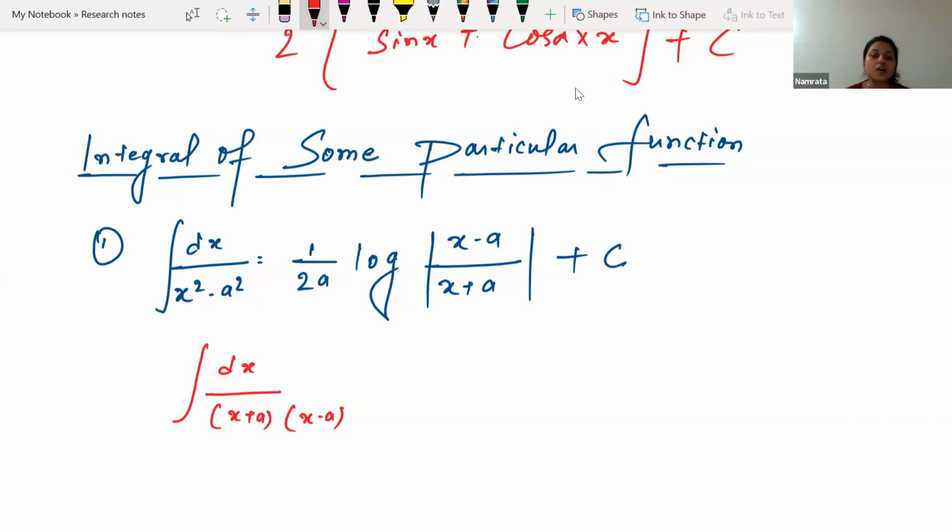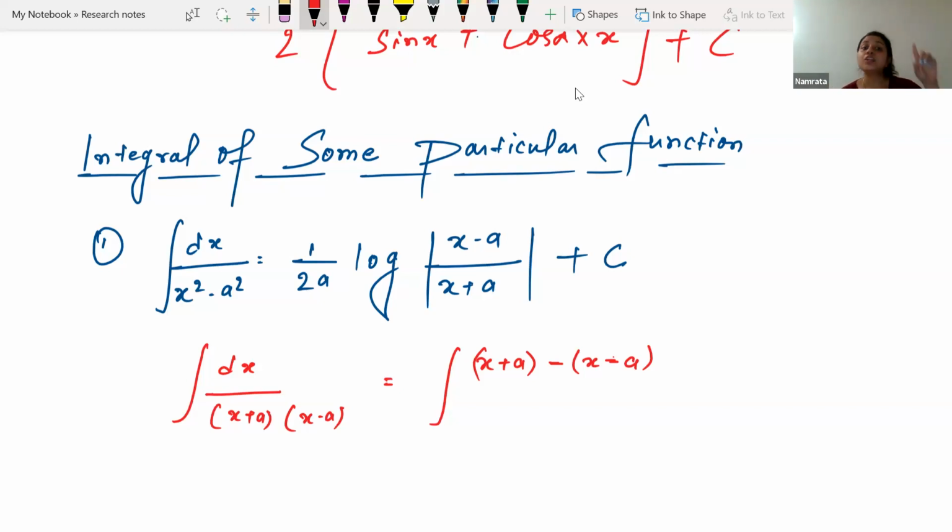Either we can use the method of partial fraction decomposition over here, or we can also do the arrangement like x plus a minus x minus a, so that when I open the bracket, x and x get cancelled out with each other and a will combine with a.